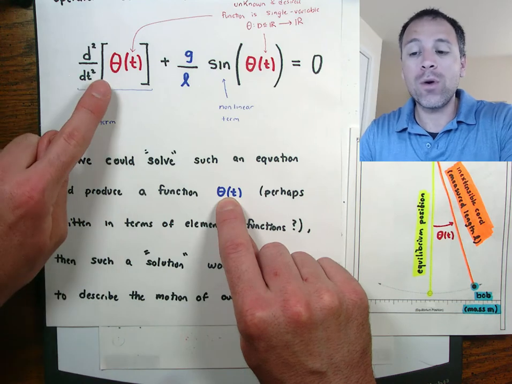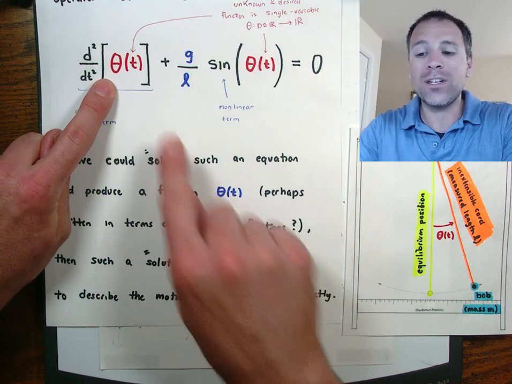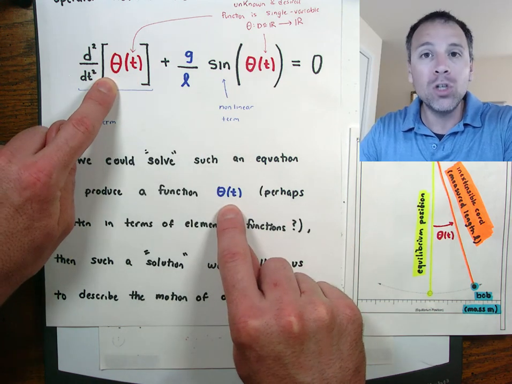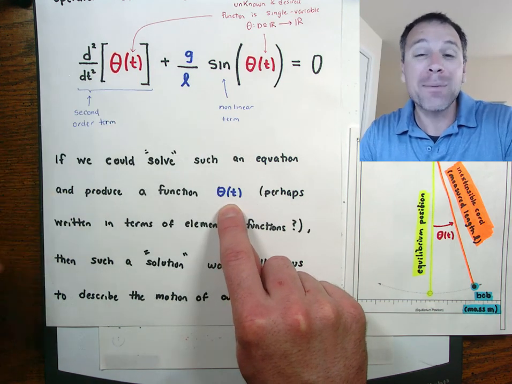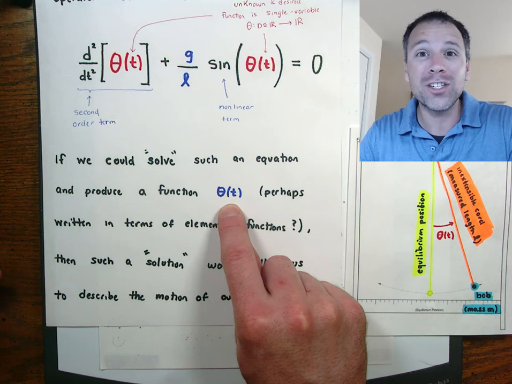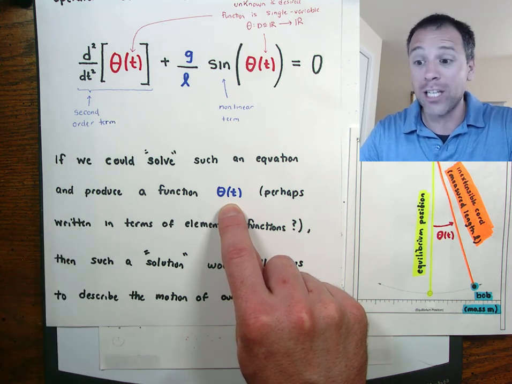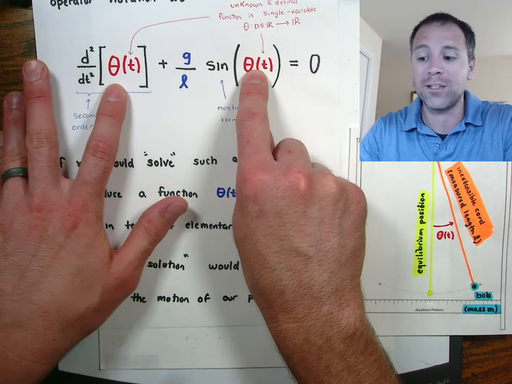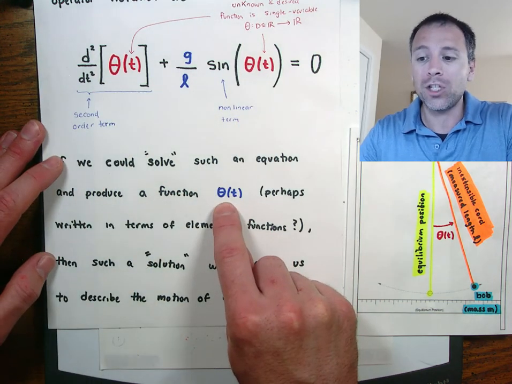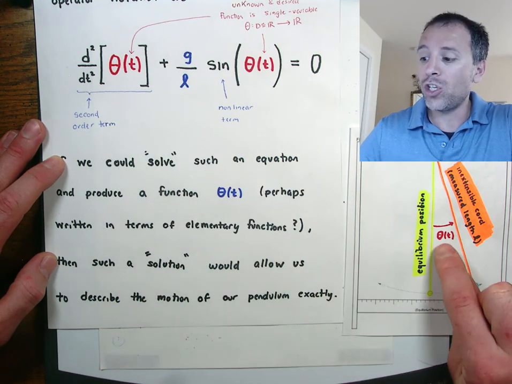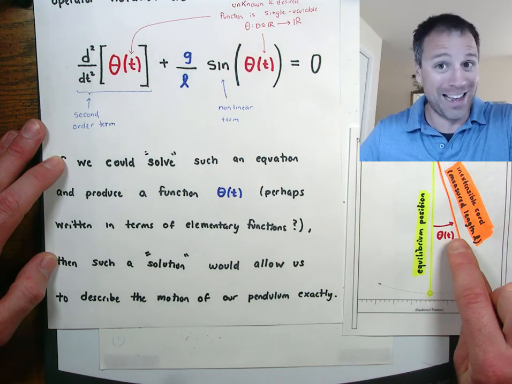In other words, if we were looking at this equation and we could somehow, instead of having a red unknown and desired function, produce a blue known function, perhaps even in terms of elementary functions like sine or cosine or e to the x or log, I don't know what function is going to satisfy this, but if we could produce such a function that satisfies this equation, the claim is that that function would give us insight precisely.